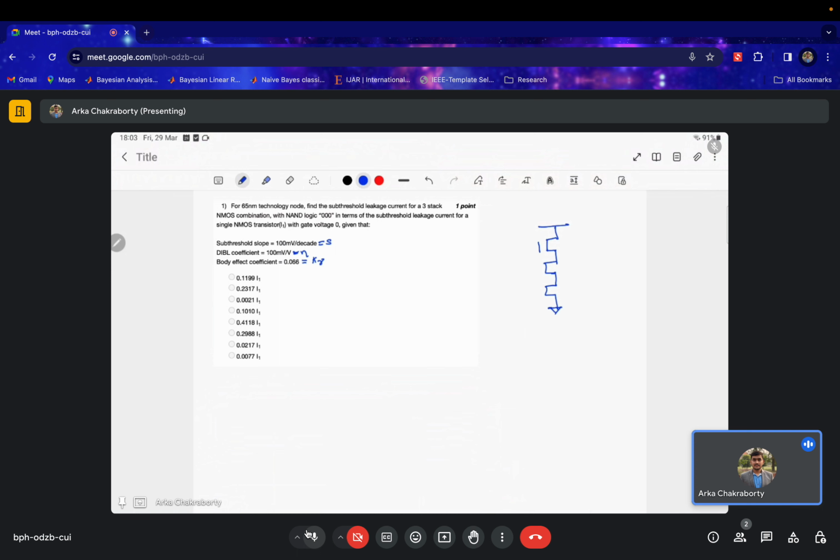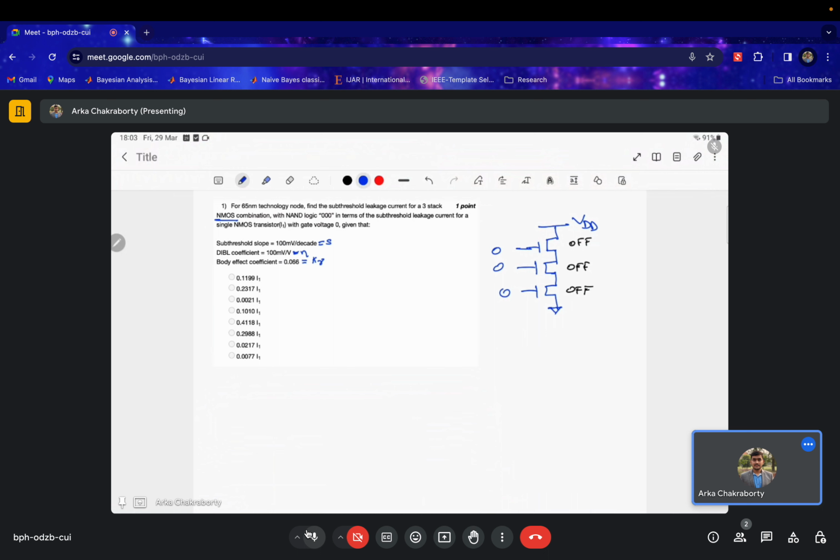This is my pull down stack consisting of NMOS, because NMOS has been asked here, and the inputs are 0 0 0. Here it would be VDD, because the PMOS stack would be on and the output node would be charged to VDD. So all three are in off condition.